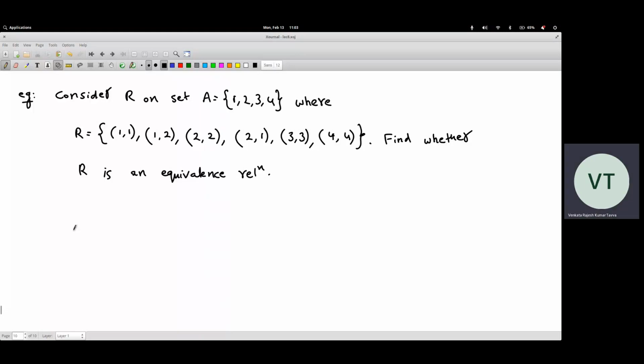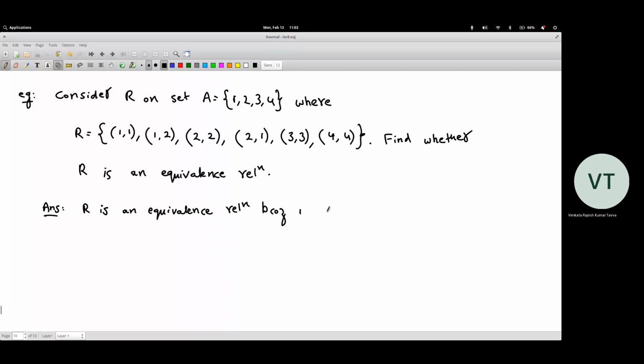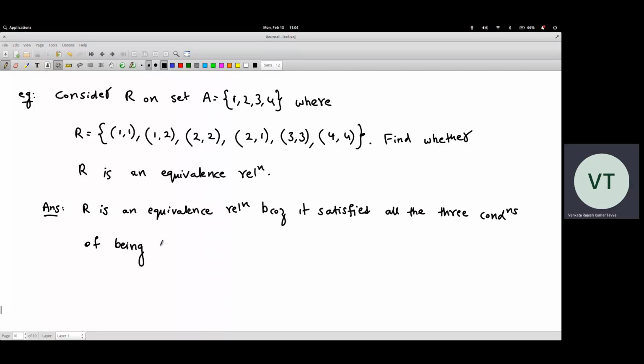Okay. So let's write that. R is an equivalence relation because it satisfies all the three conditions of being reflexive, symmetric and transitive.